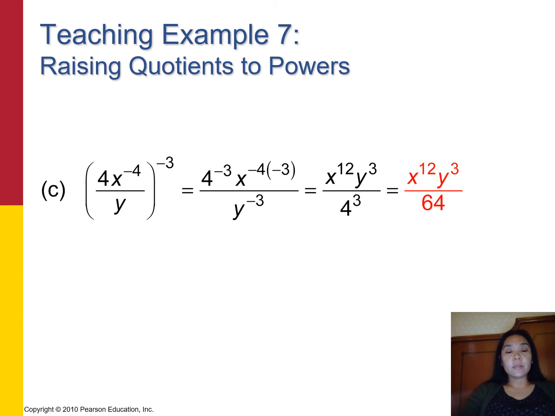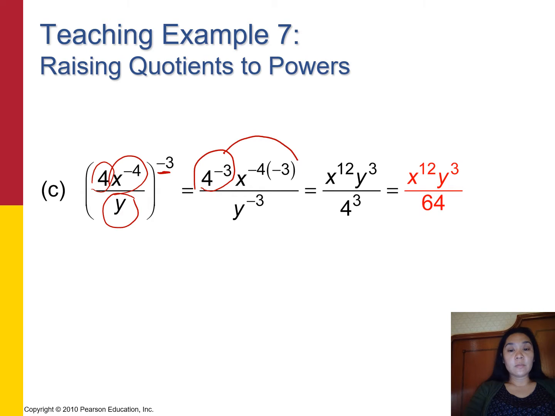Now this problem looks pretty complicated. Notice there are 3 terms, 2 on the numerator and 1 on the denominator. Every single one gets the minus 3 exponent. So 4 to the minus 3. Notice it comes down here to the denominator to become a 4 to the positive 3 power.